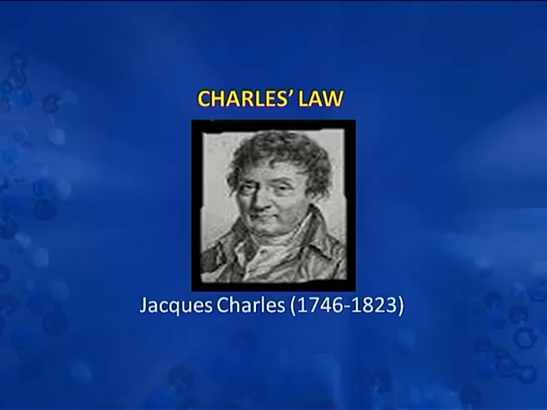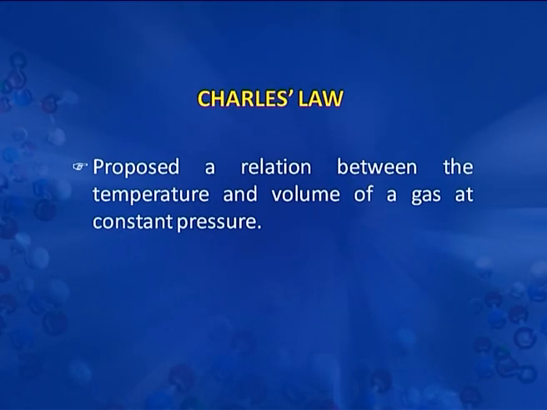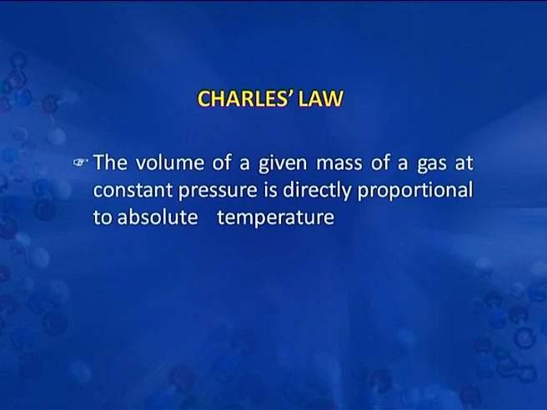Let us discuss Charles' law. Jacques Charles proposed a relation between volume and temperature of a gas at constant pressure. In other words, the volume of a given mass of a gas at constant pressure is directly proportional to absolute temperature.